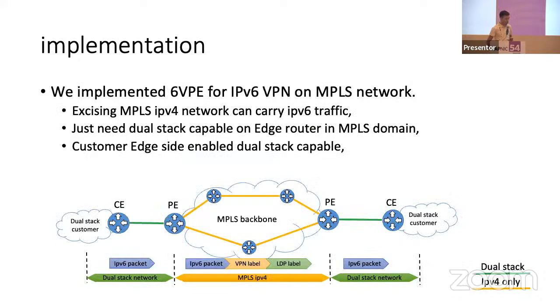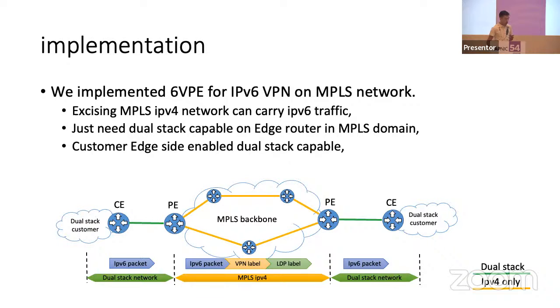We also implemented the MPLS network and 6VPE. With 6VPE, the existing MPLS IPv4 network can carry IPv6 traffic. The capability was needed on each border router, and we just enabled MP-BGP on the edge router.